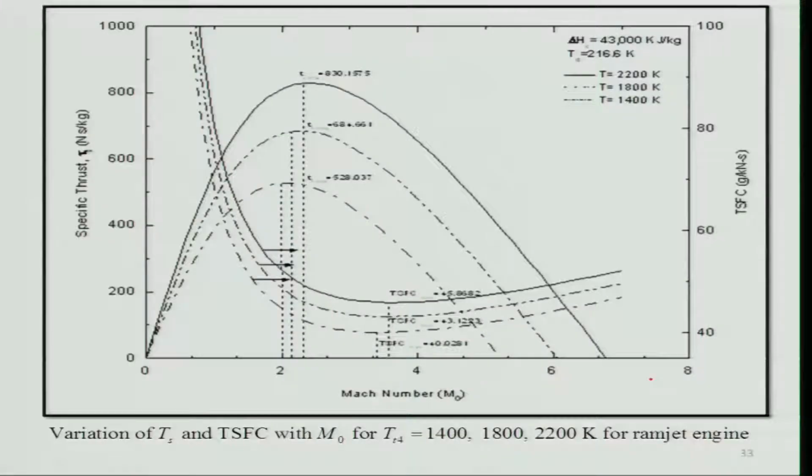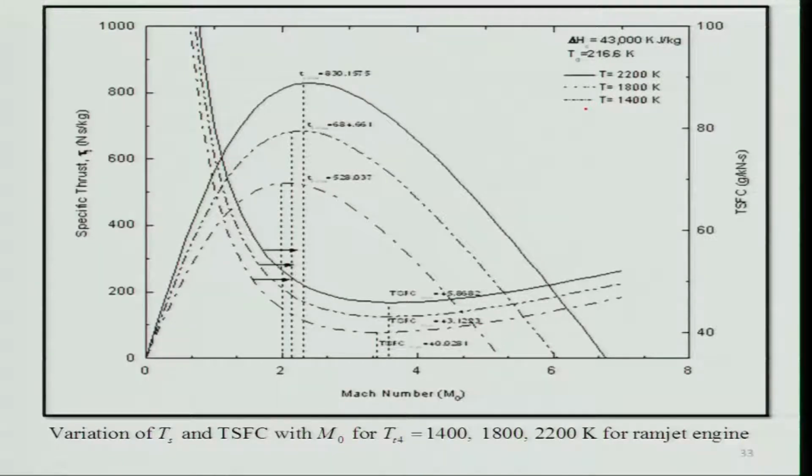We are basically plotting the specific thrust versus the Mach number, right? And for 3 temperatures: 1400, 1800 and 2200. If you look at this curve, it is basically for the 1400 Kelvin temperature, TT4.